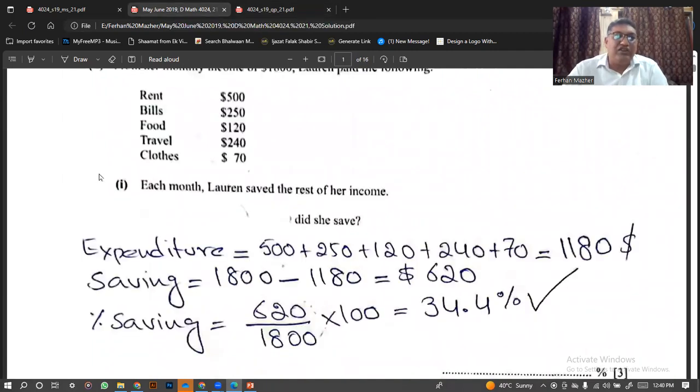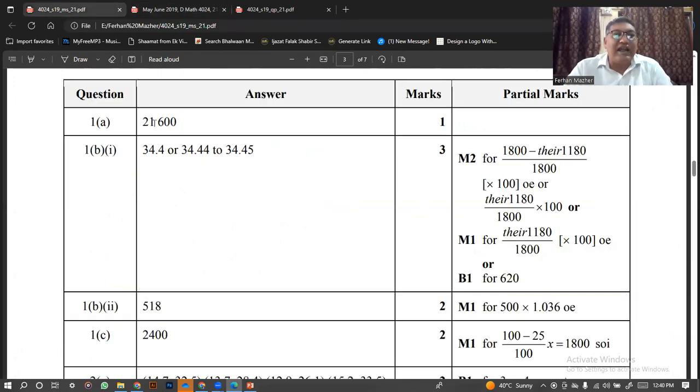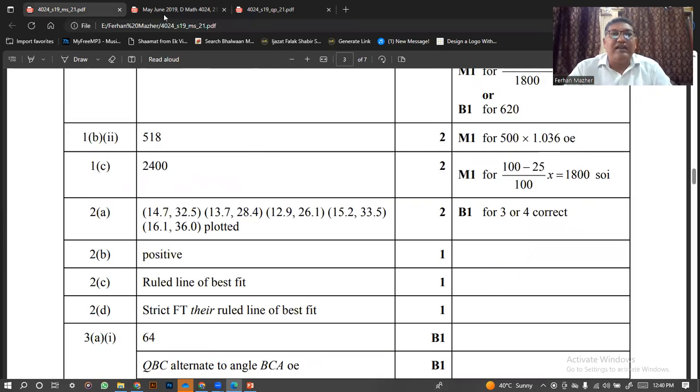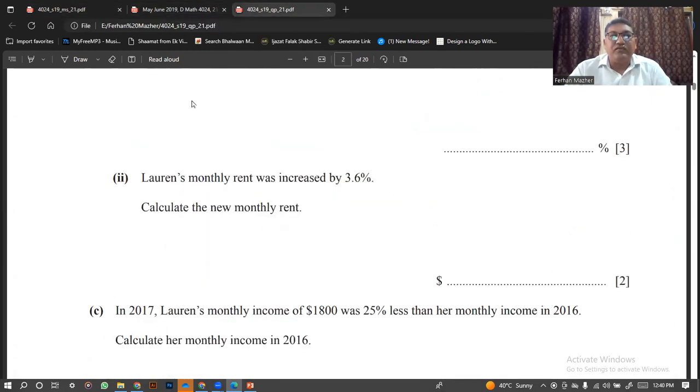So what will be the new rent? The new rent will be 500 plus 3.6% of 500. So 500 plus 3.6 divided by 100 into 500, that will be $518. $518 is the right answer, sir. This is the solution.